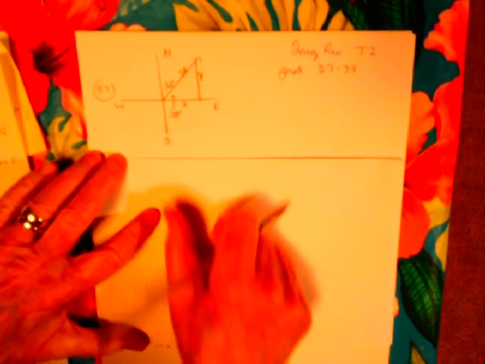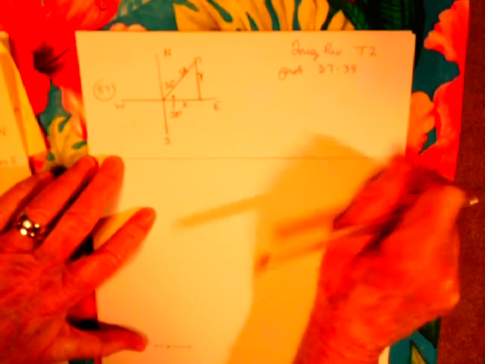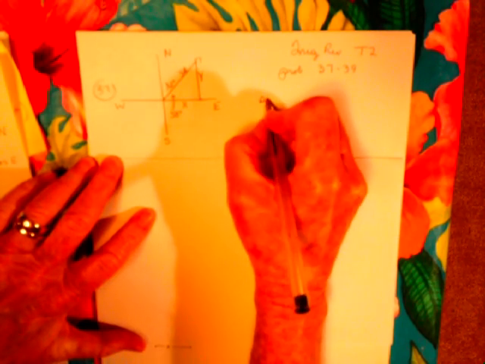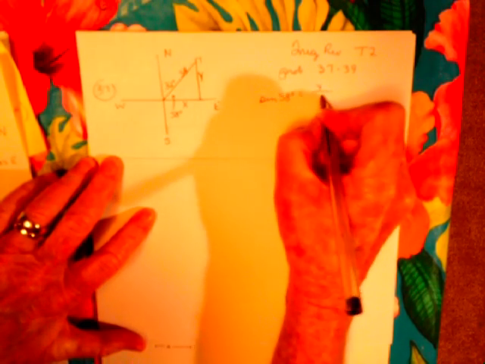You look at the information given. You realize that if you're trying to find y, that's the opposite side. So sine of 58 degrees equals y over 58.